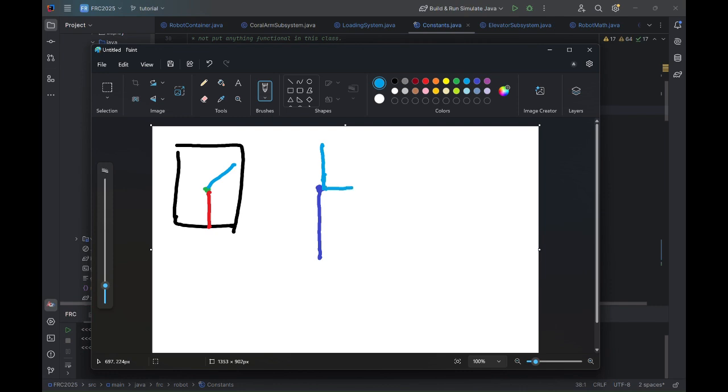And for our width, the maximum length for the arm, but we double it, so it will be like that, and that. So this side is the elevator length plus the length of the arm, and this side is double the arm length.